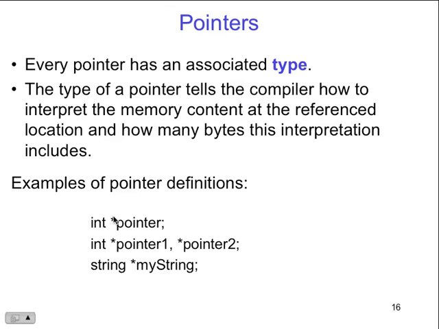Because I put this asterisk in, it says, okay, give me a memory address of size integer, and we're going to call it pointer. If I said pointer is equal to 1, the pointer is actually looking for a memory address. So I would give it the memory address of 1, not the value of 1.